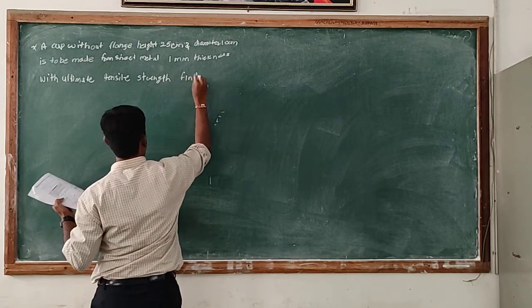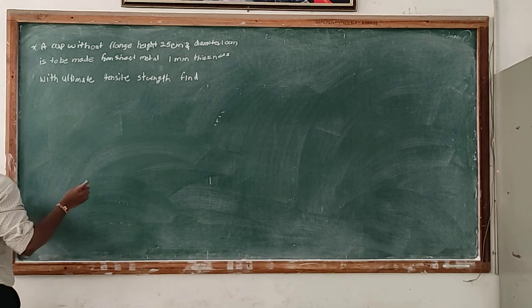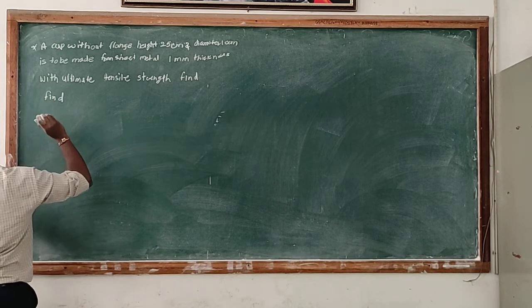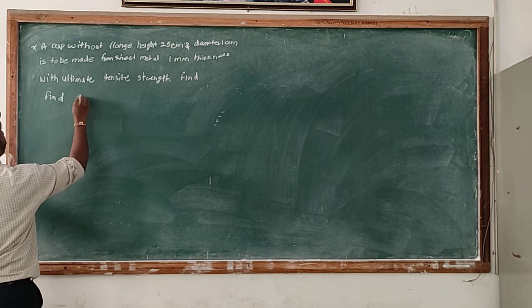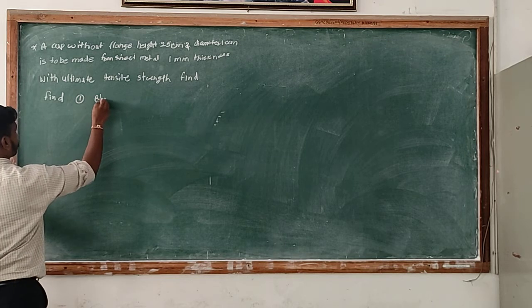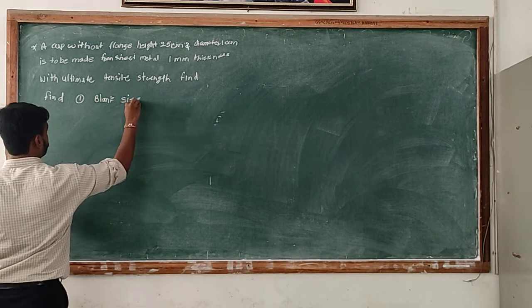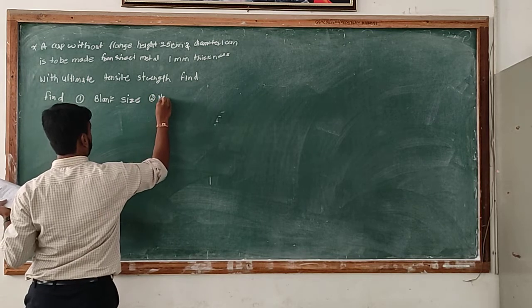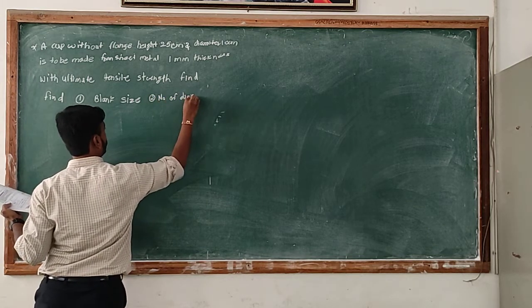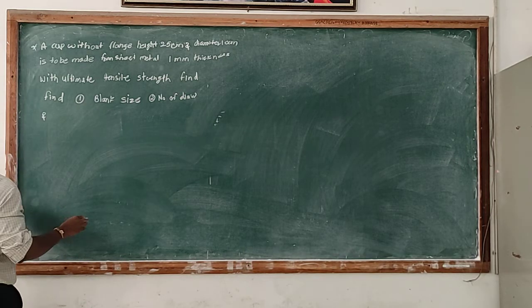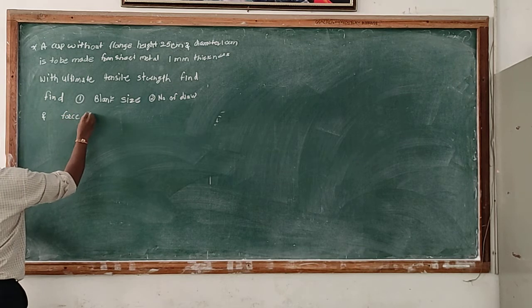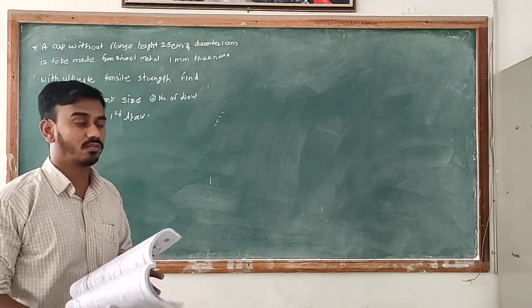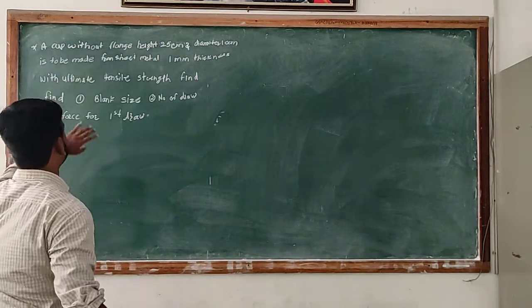Find first the blank size, second the number of draws, and third the force for the first draw. So this is the statement of the numerical.